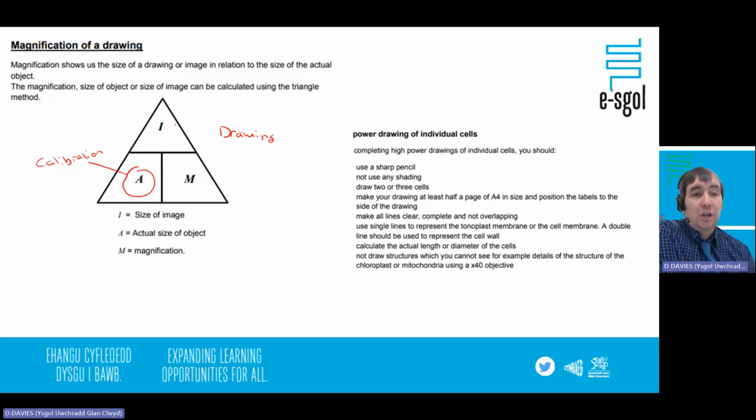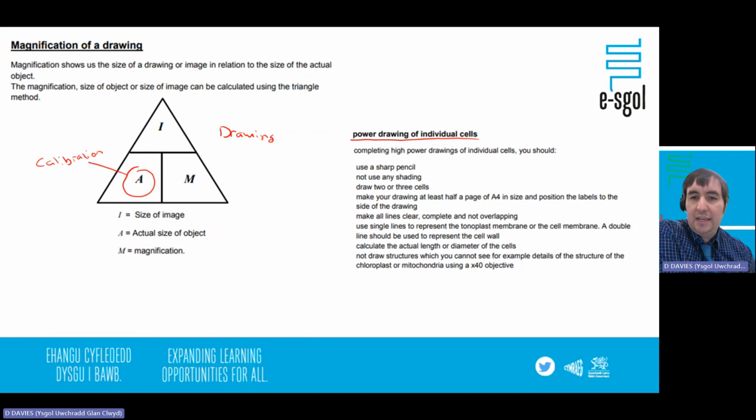So these can be asked. You could be asked to measure an image on the exam paper and calculate the actual size or the magnification. Drawings that you do, this skill is becoming slightly redundant these days as we all have phones in our pockets, but it needs to be a scientific diagram.